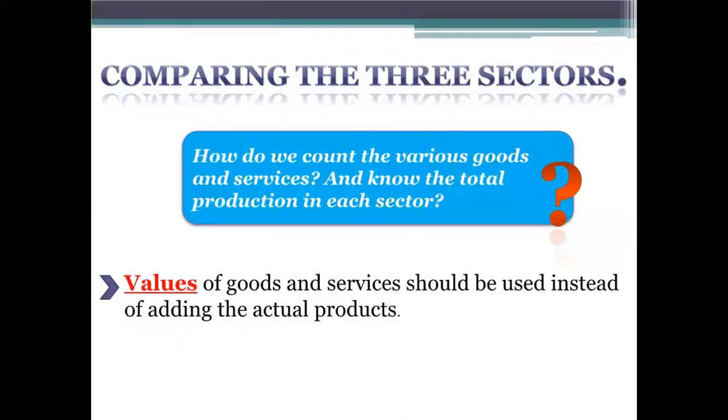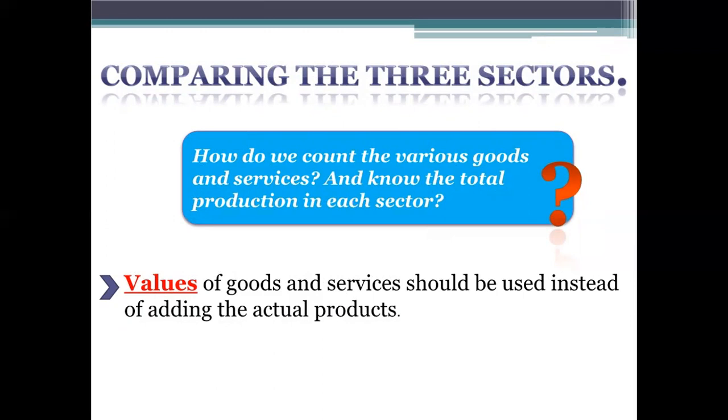In an economy, some sectors might dominate as compared to others. Economics suggests that the value of goods and services should be used rather than adding the actual number. How can you compare these three sectors?